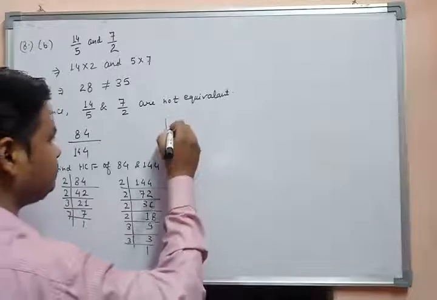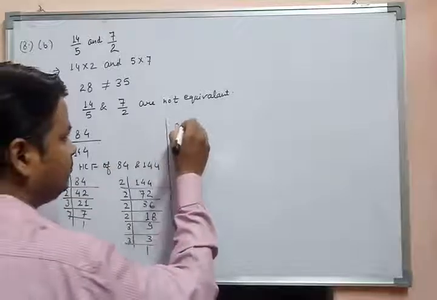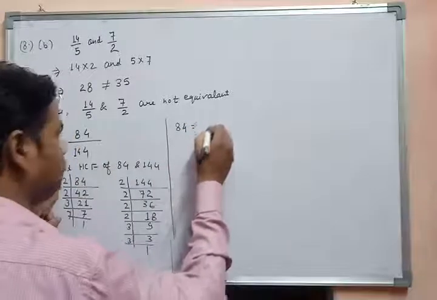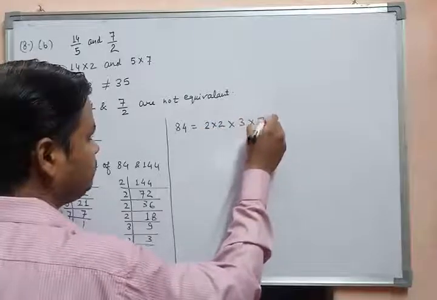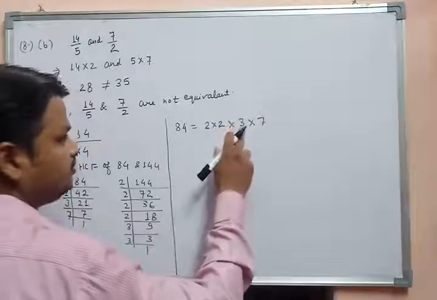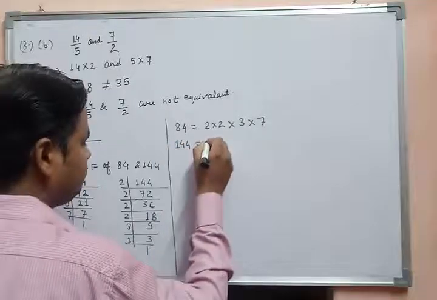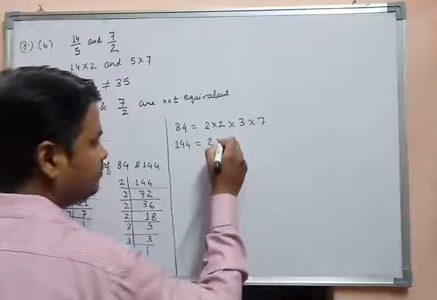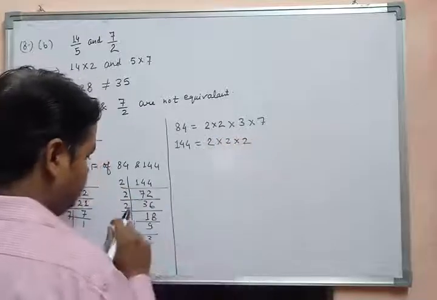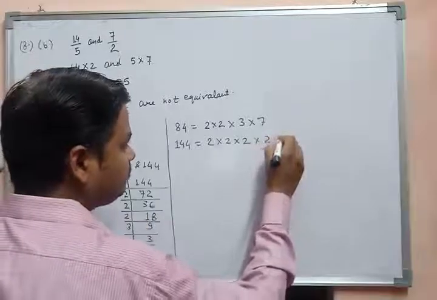Hence now you have to write the factors of 84: 2 times 2 and 3 and 7, 2 2s are 4, 4 3s are 12, 12 7s are 84. And 144 is, here 1, 2, 3, 4, 4 times you have to write 2 and 2 times you have to write 3.